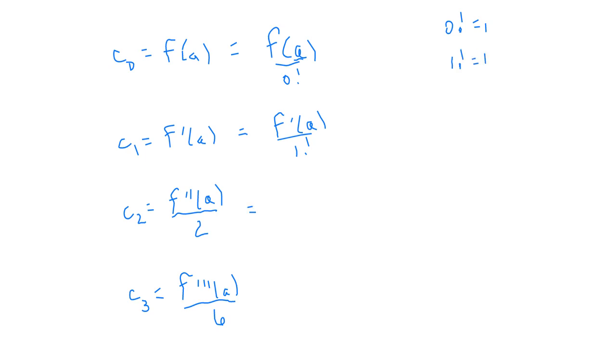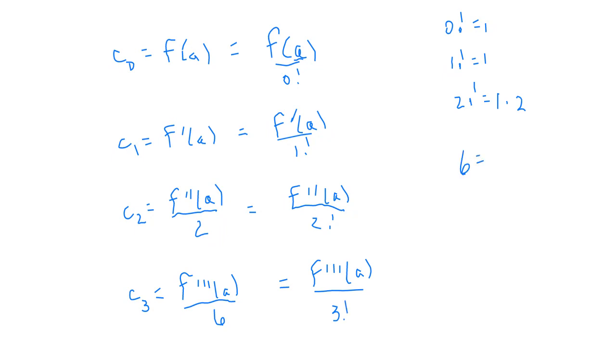The third coefficient we could write as the second derivative of the function evaluated at a, f double prime of a, over 2 factorial, because 2 factorial is equal to 1 times 2. The fourth coefficient we could write as the third derivative of the function evaluated at a over 3 factorial, because 3 factorial equals 1 times 2 times 3, and that just equals 6.